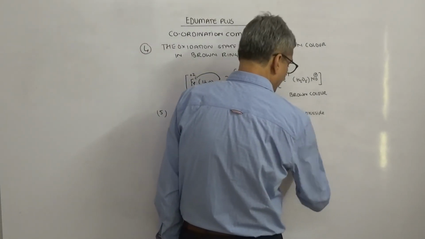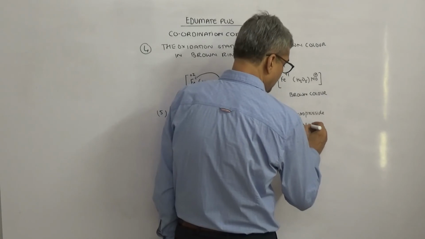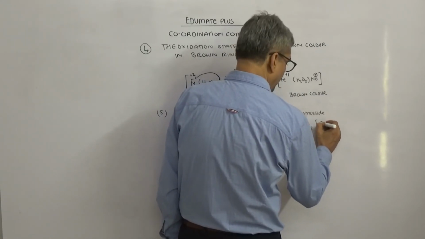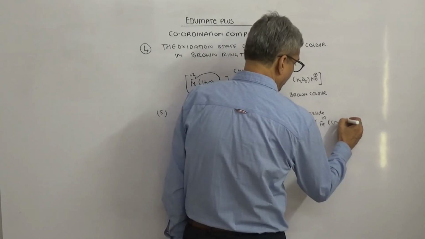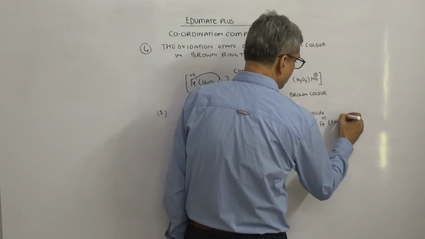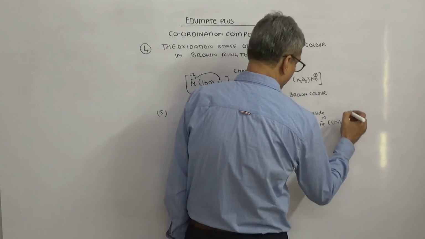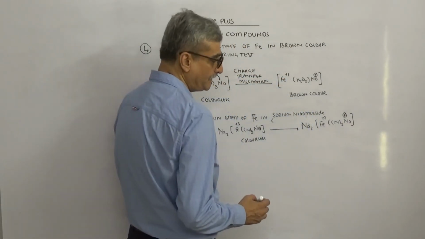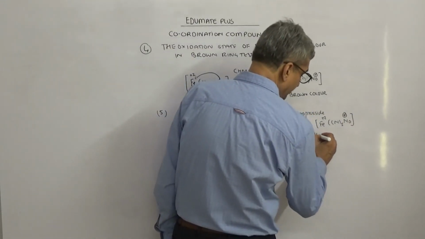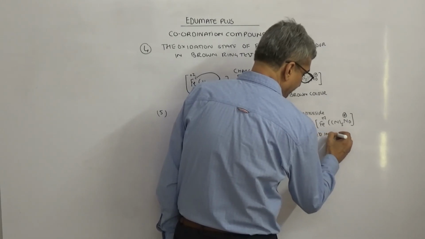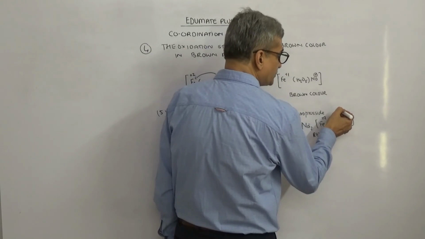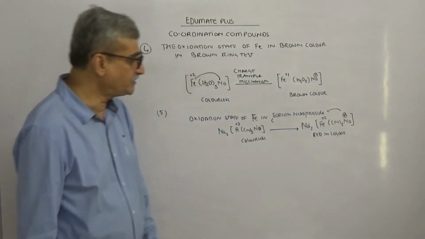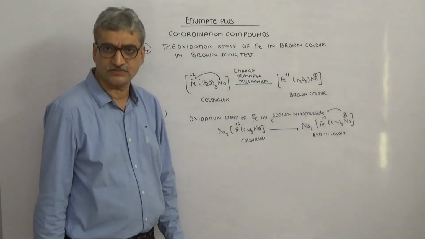So we have this compound Na2[Fe(CN)5NO] with Fe plus 2, and it goes from nitrosyl to nitrosonium ion. Are you understanding? And this will be red in color, because there has been a charge transfer from NO, which has now become NO plus, and Fe plus 2.